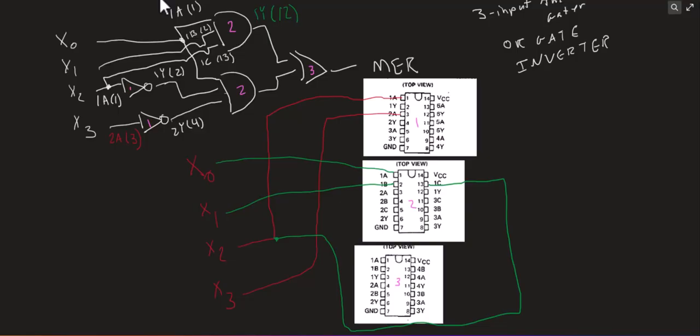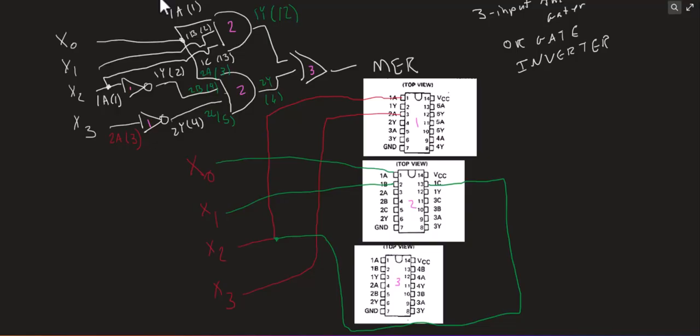So it'll be 2A, 2B, and 2C. And those are pins 3, 4, and 5. And the output is 2Y, which is pin 6.